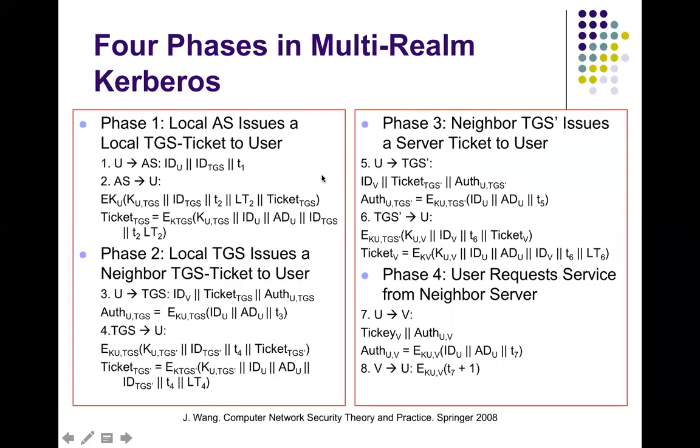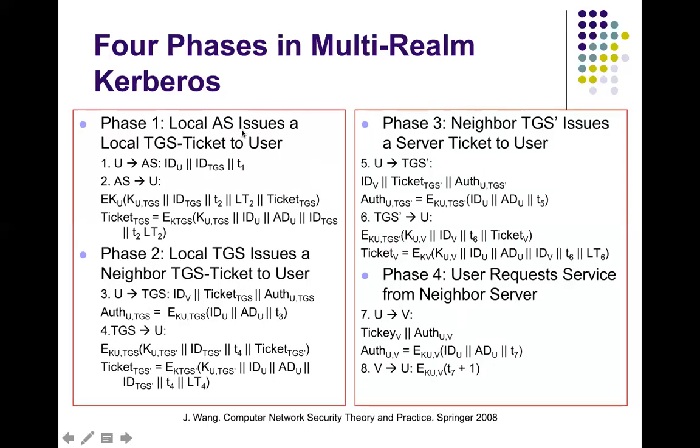All right, so let's see the details of multi-realm Kerberos. There are 4 phases. In phase 1, the user authenticates himself to his local AS.